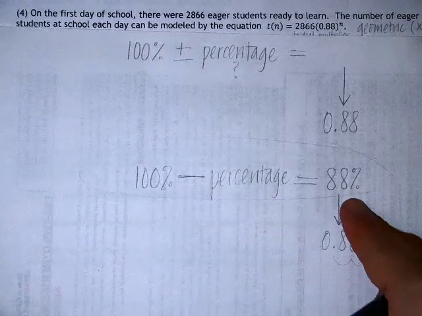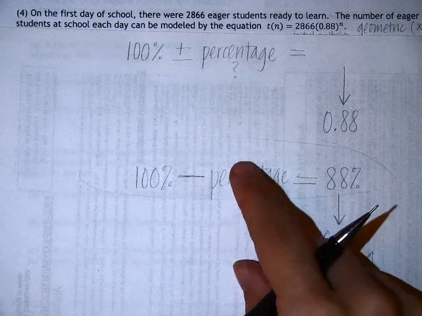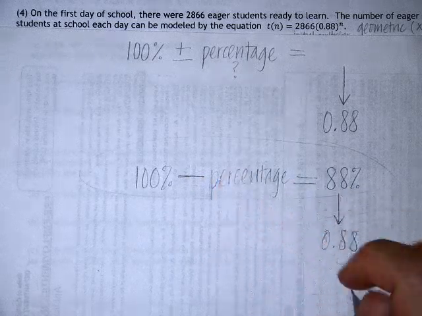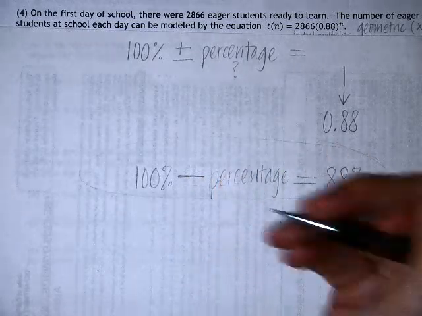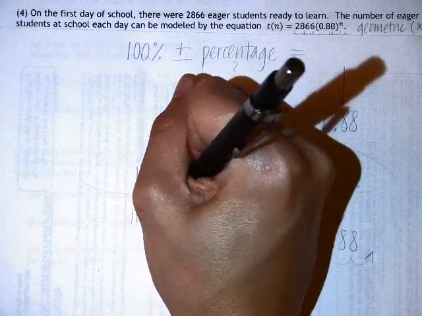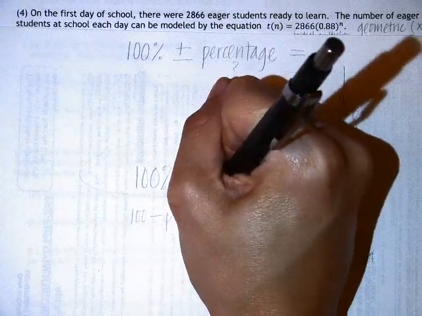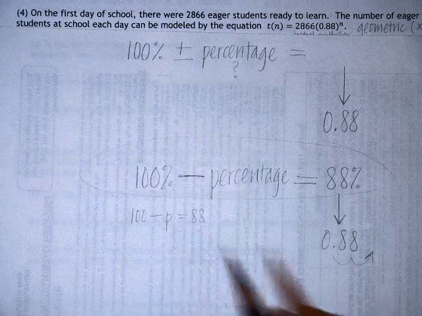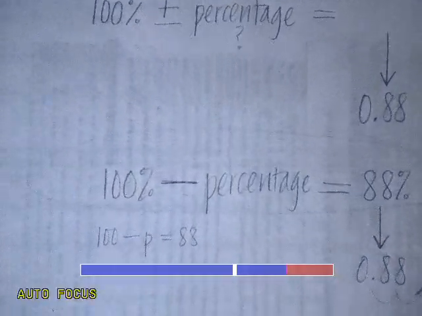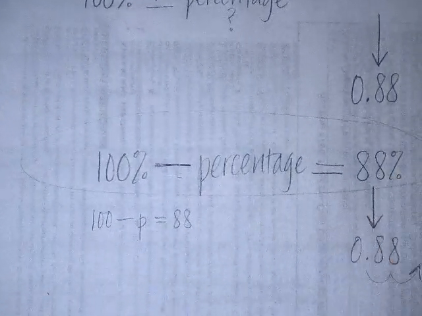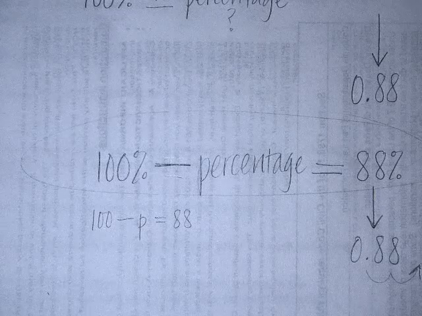So that definitely makes sense. Now the question is, what could we have been subtracting? You could do a little bit of algebra if you want to: 100 minus some percentage would give you an answer of 88, and you can solve for the percentage. Or you can use common sense. Whatever works best for you is fine.